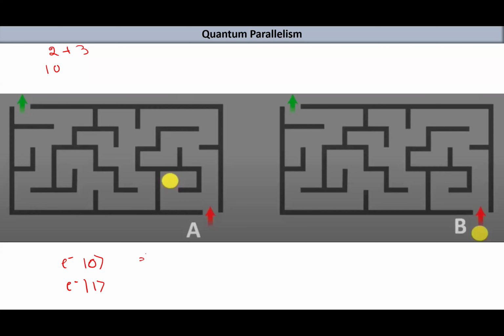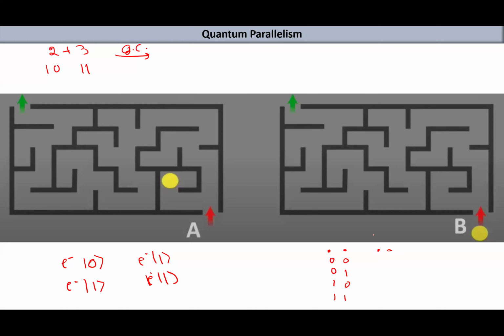And then another one as 1 and another also as 1, so I can represent this as 1, 1. Now, when you pass it through a quantum computer, it is going to take all the possibilities of 2 bits: 0, 0, 0, 1, 1, 0, and 1, 1.